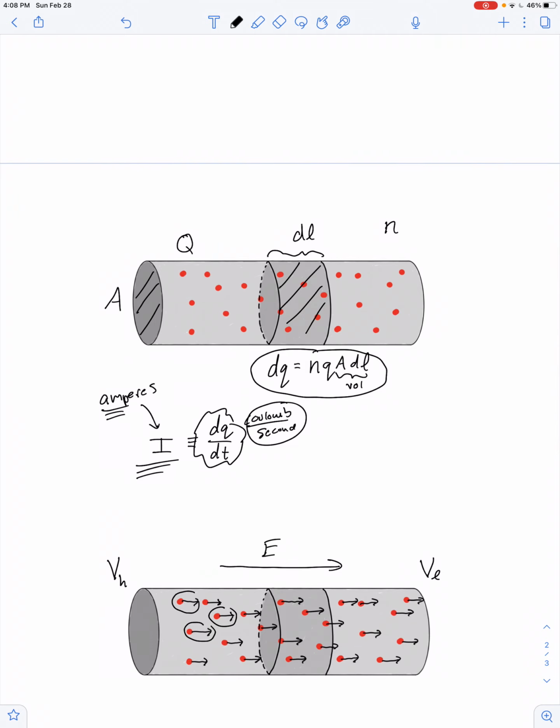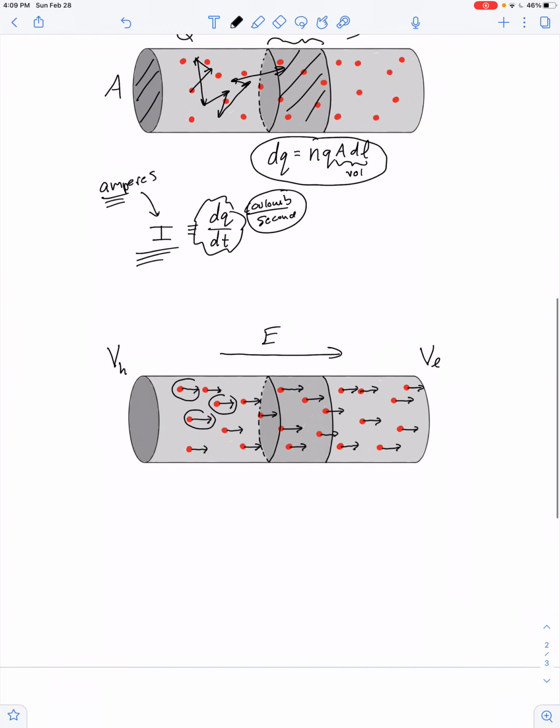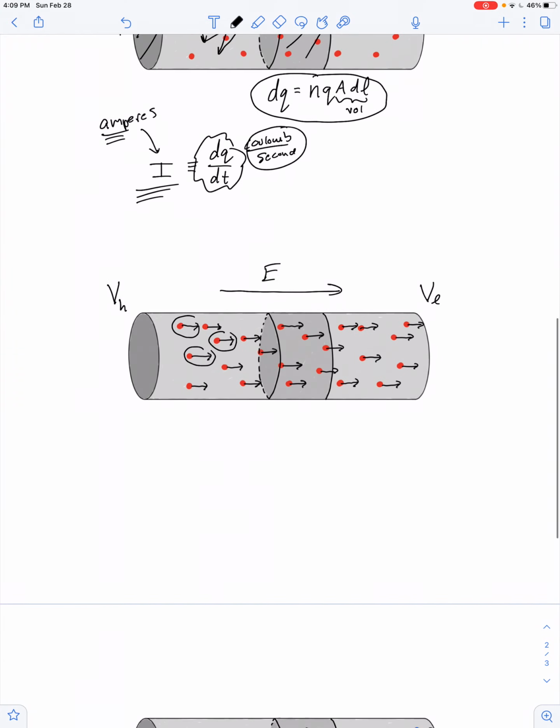Truth is, they have random motion and they travel like this, then maybe collide. And so the particles zigzag around, but the net effect is that they're going to have a displacement to the right. So I'll symbolize their drift velocity as a bunch of little arrows pointing in the same direction.